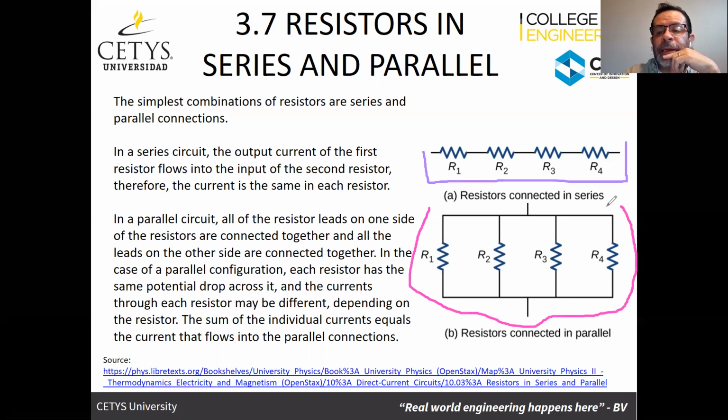Now, depending on whether we connect the components in series or in parallel, there is a concept of an equivalent resistance, similar to the concept of an equivalent capacitor. What does this mean?